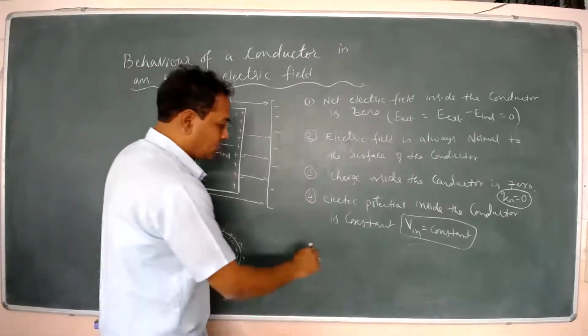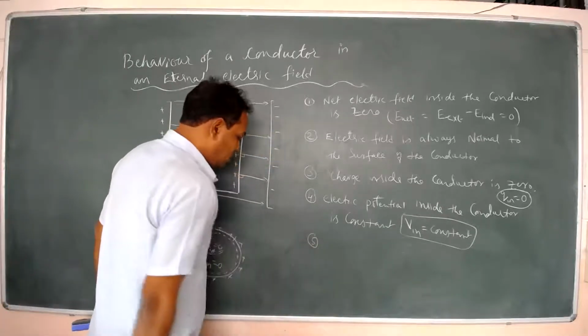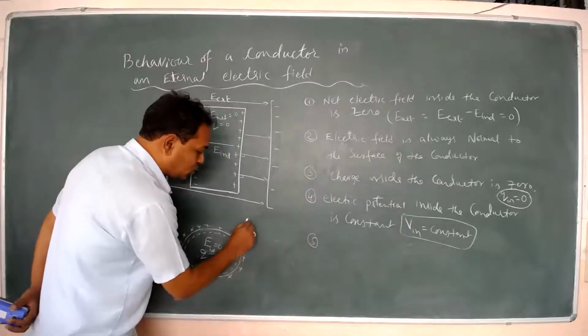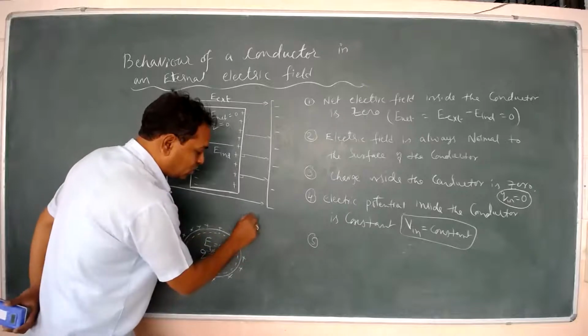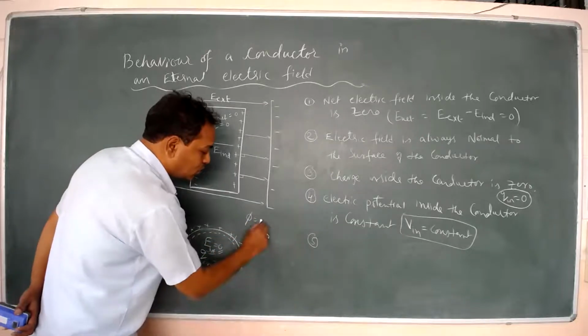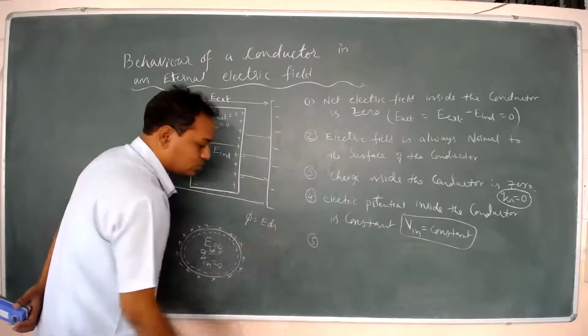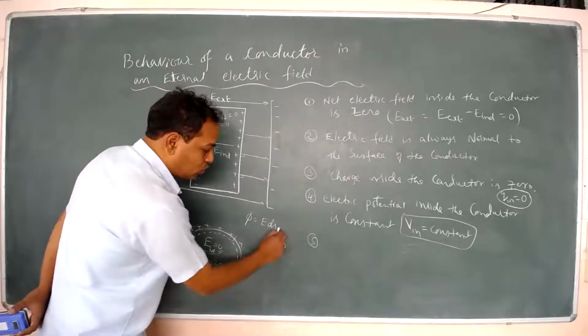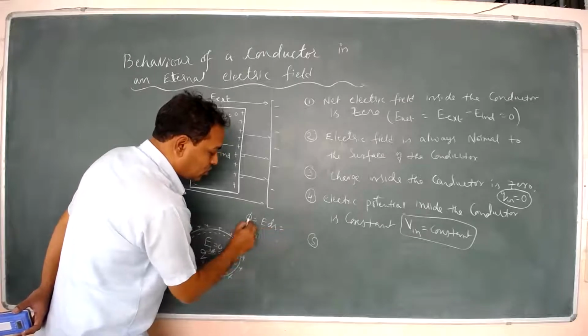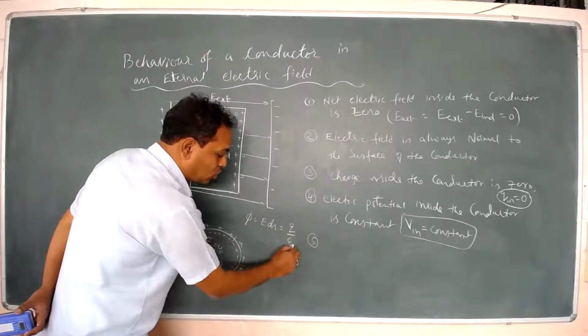Let us see. As we know, according to Gauss law, flux phi is equal to E into ds. And also according to the Gauss theorem, flux is equal to charge by epsilon naught.